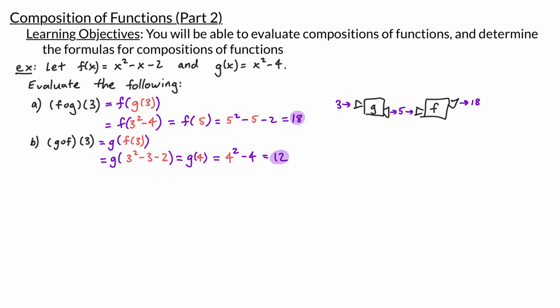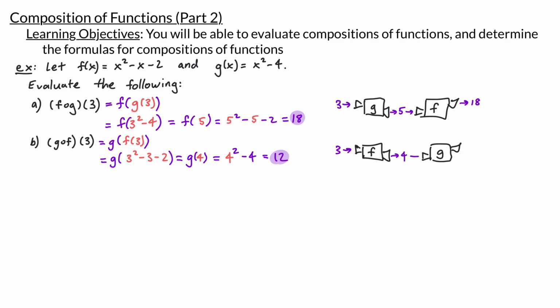When we're looking at the composition g composed with f, we're basically taking any input and plugging it into the f function first, then taking the result and plugging it into the g function. So when we computed g composed with f of 3, we took 3, plugged it into the f function, and got 4 as the result.